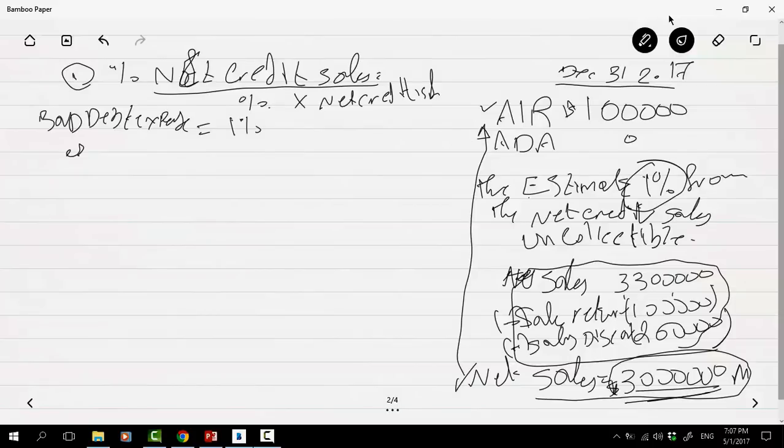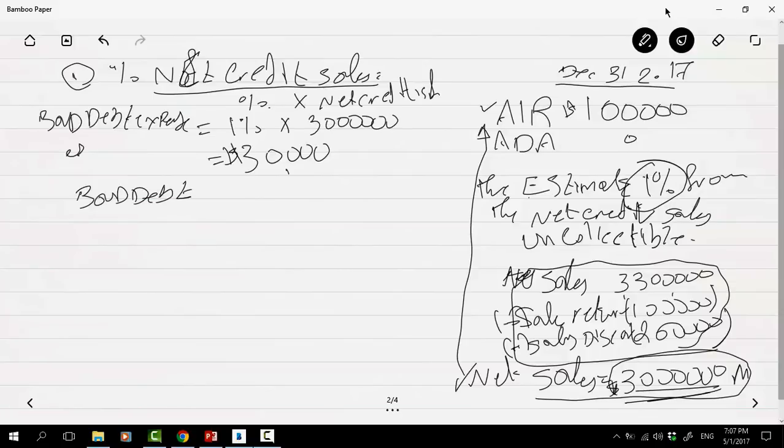How does the company estimate this percentage? Based on its previous experience. Multiply the net credit sales $3 million. Then the amount of the bad debt expense is $30,000.